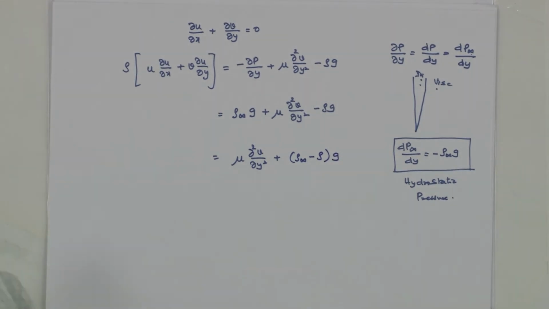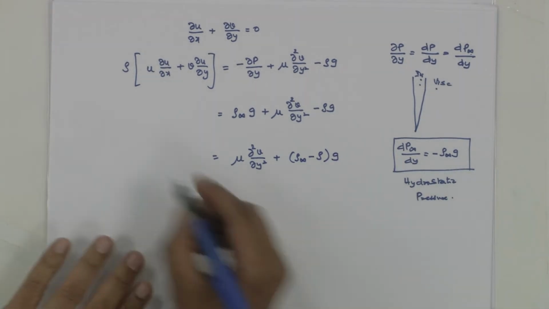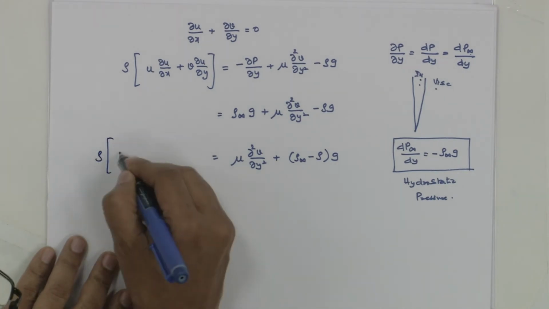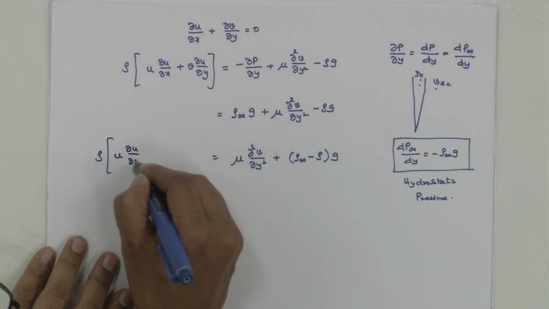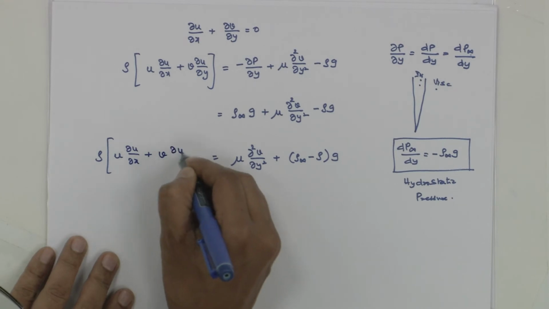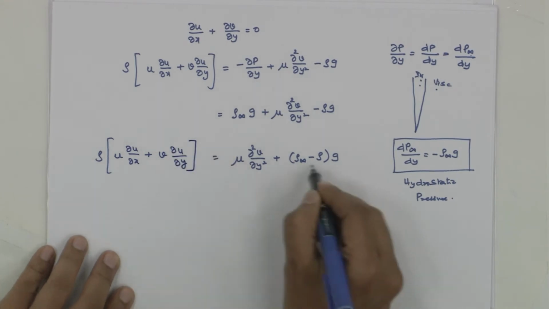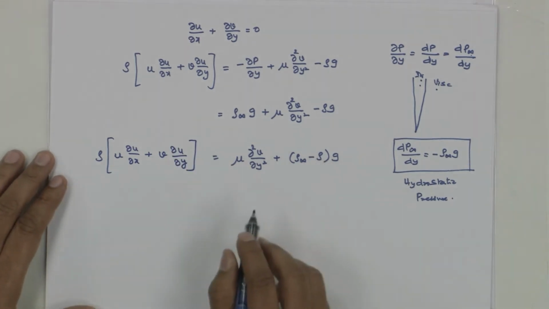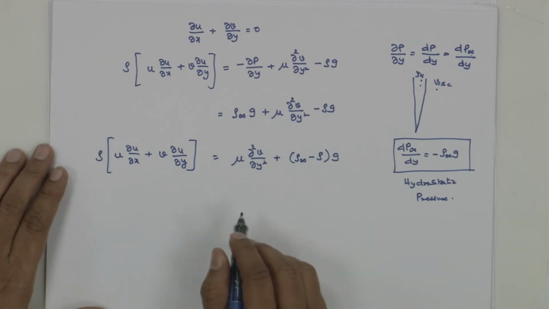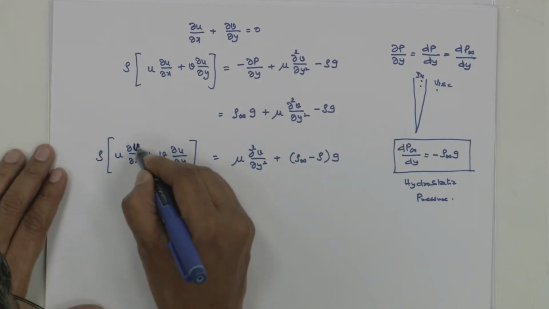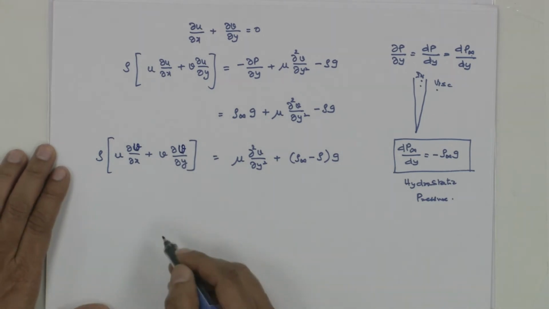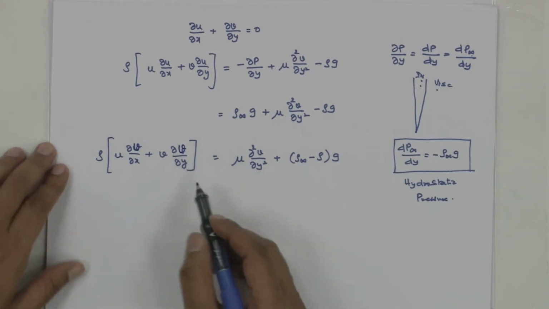If you recall, let me write this, u del u by del x plus v del u by del y. I will just try to write this in terms of v: u del v by del x plus v del v by del y.